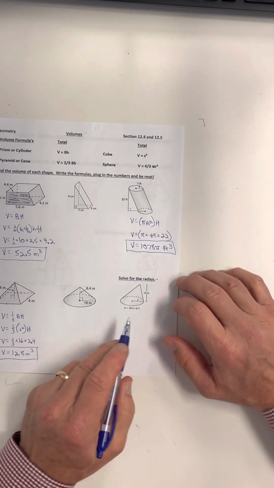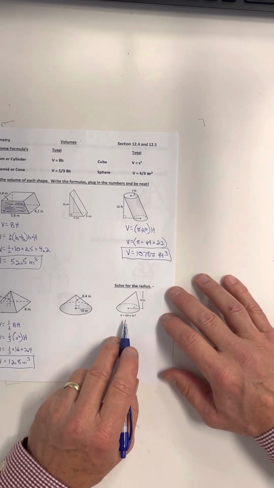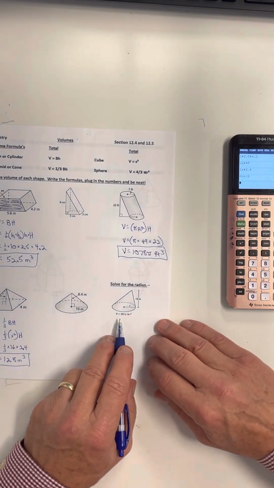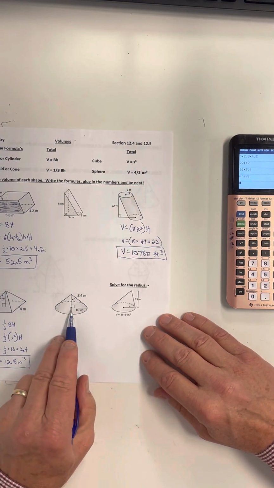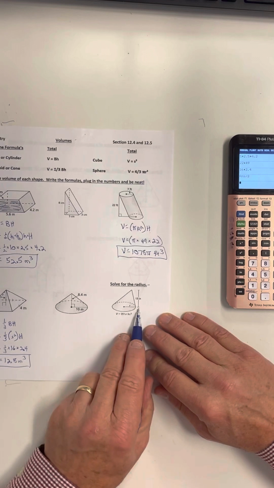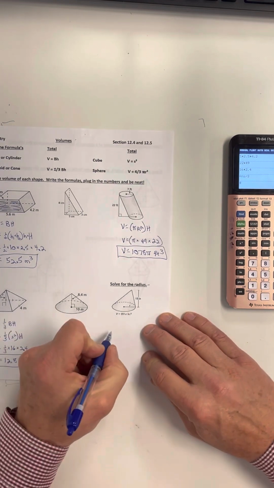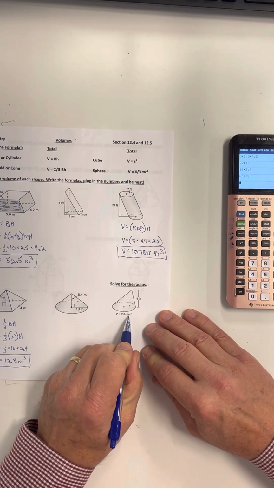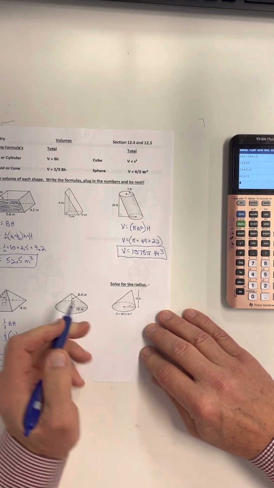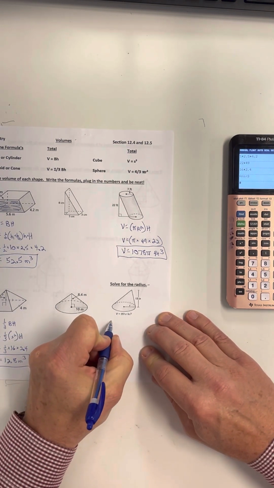Now, let's go to this one. This is working backwards. It's called solving for the radius. So this is an oblique cone because it doesn't go straight up. It goes like this, but we do have the height of 13. The volume is 351 pi inches cubed, and they want us to solve for the radius. So first we write the formula down.